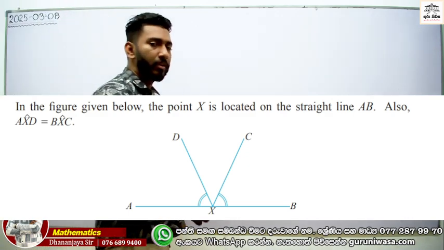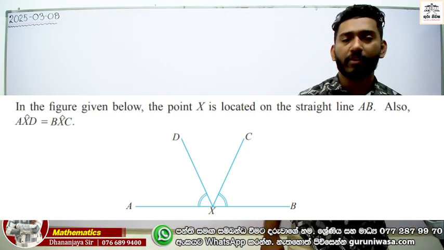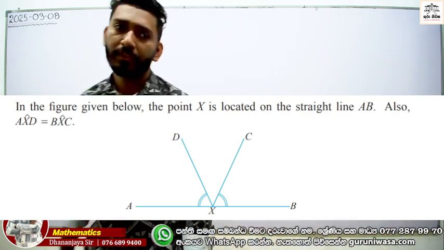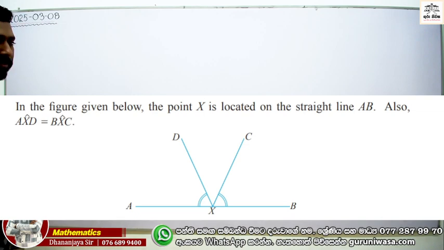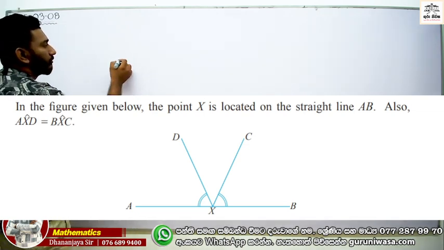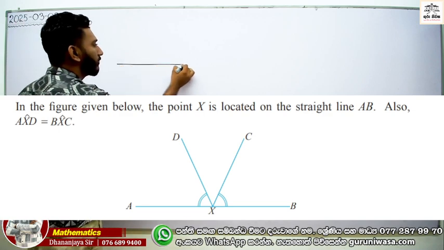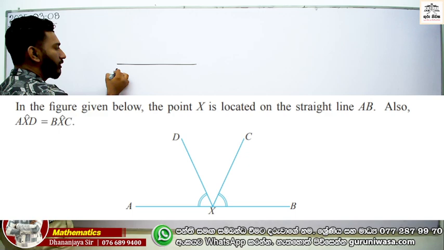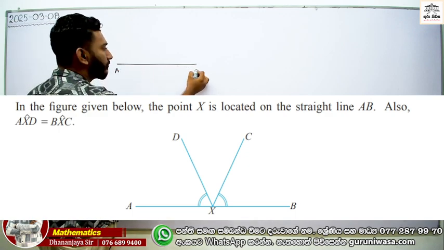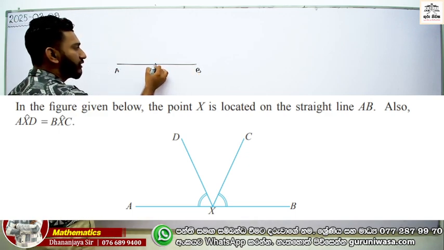Everyone, write this question in your writing book. Hurry up, draw the figure. I want to draw. AB is a straight line and X is the intersection point.